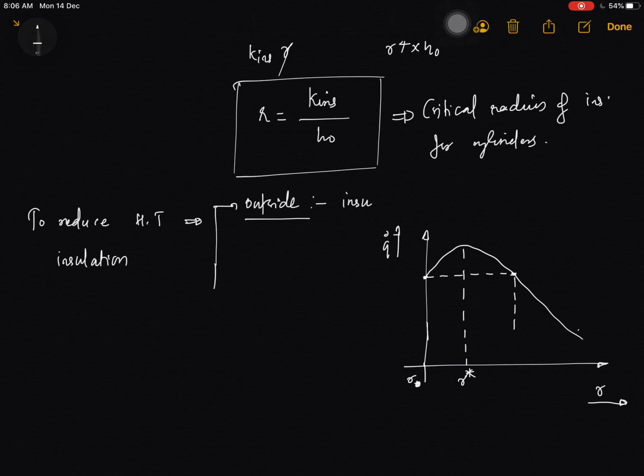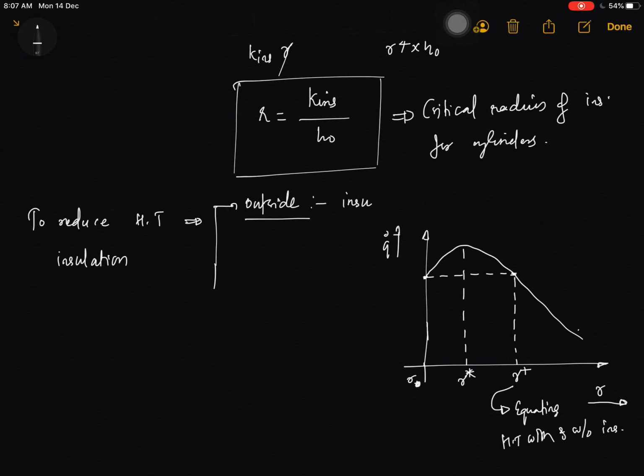And we can see some point over here which has the same heat transfer as the case without insulation, represented as R plus, and this can be determined by equating heat transfer with and without insulation.